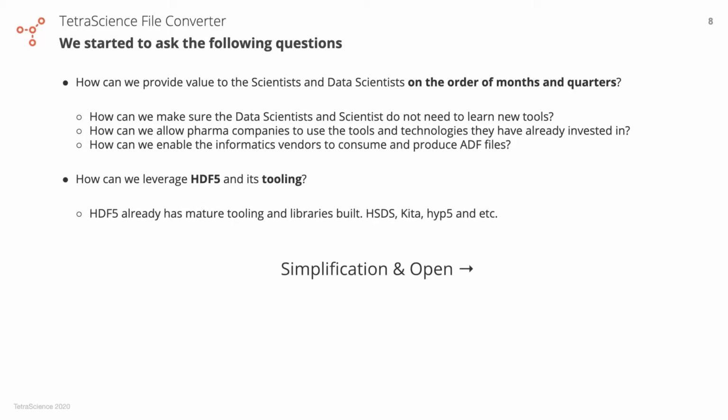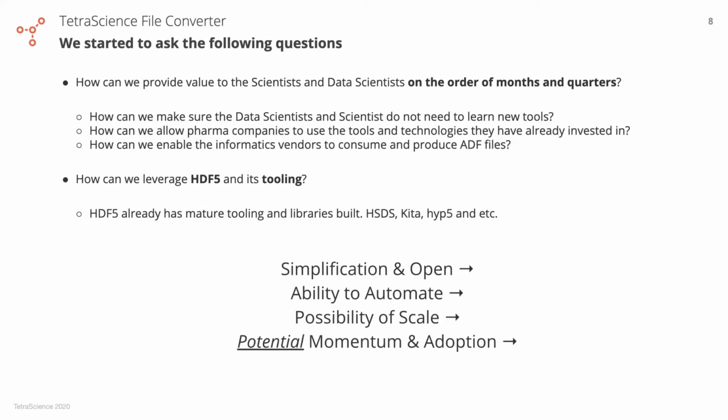We came to the conclusion, or conviction, that we need to focus on simplification and making it open. Just making it easy. That gives us the ability to automate. That introduces the possibility of scale, meaning that you can potentially produce more ADF files, and the potential for real momentum and adoption, which will then lead organically to more user stories and justified complexity, which will kick off the next iteration of improvements.